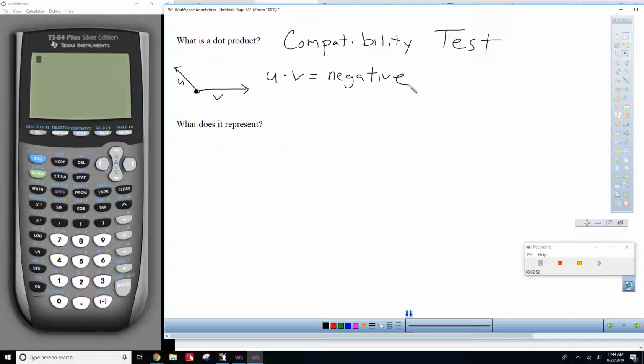If the angle between the vectors is a right angle, then U dot V will equal 0. And if the angle between the vectors is acute, then U dot V is positive.